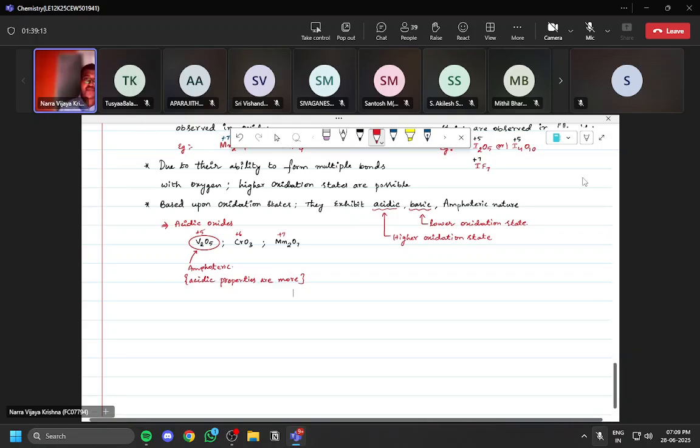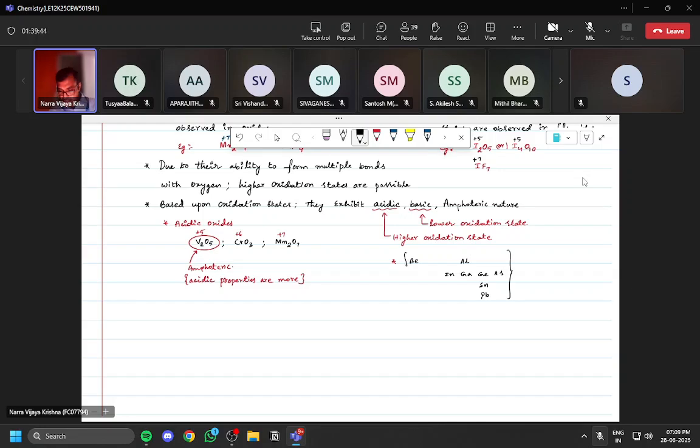Next, amphoteric oxides. Oxides of beryllium, zinc, aluminium, gallium, germanium, tin, lead, arsenic.